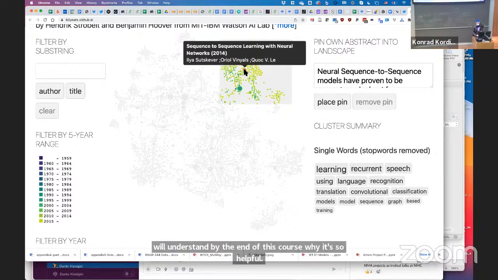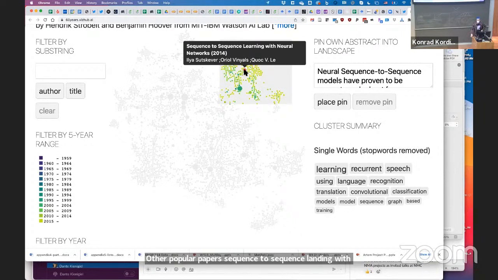Other popular papers: sequence-to-sequence learning with neural networks. What's sequence-to-sequence learning? I want to do a translation. In come word after word after word, Conrad talking, and out should come another sequence, which is what Conrad just said in German. So we have a network, word coming in, word coming out.